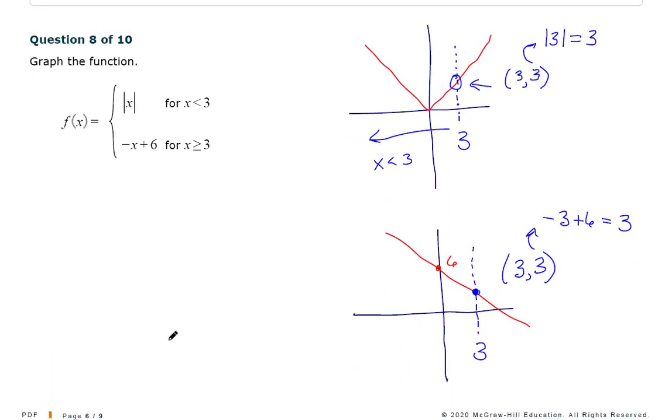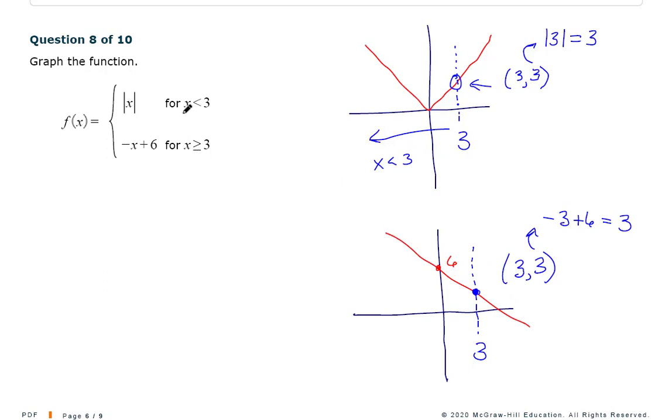Let's see, question 8. Now, question 8, 9, and 10, there's a separate video, if you look on the schedule, for physically how you actually make these in Connect Math. Let's see. First off, we have two rules. Absolute value, which is the V-shaped item, and minus x plus 6. That's a line going down, crossing at 6. Okay, got that part.